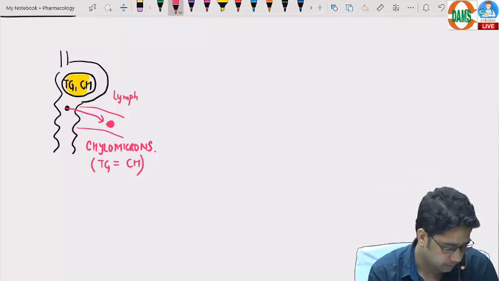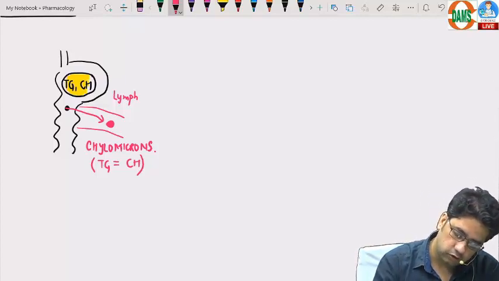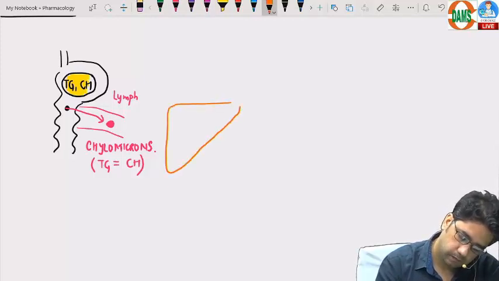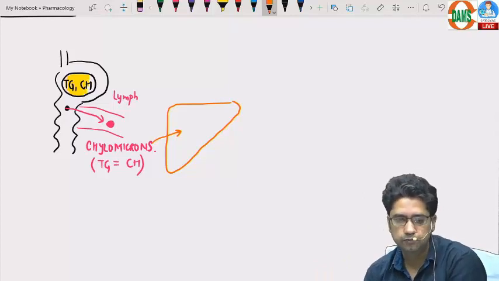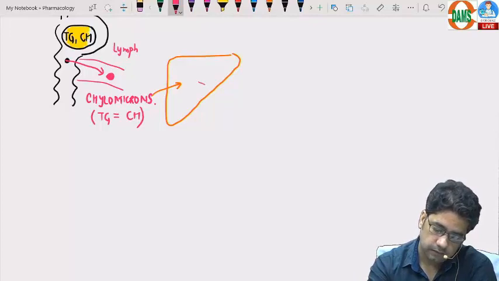We know this part. Now, this chylomicron goes to liver. This is the function of chylomicron, to transport dietary lipids to liver. Now, from liver, we know blood is there.